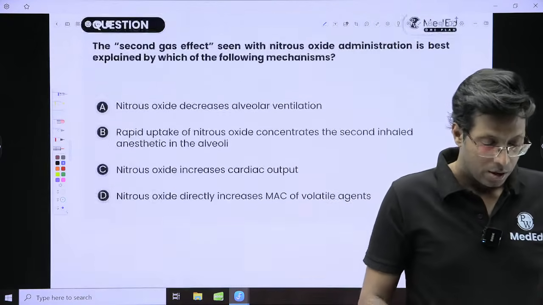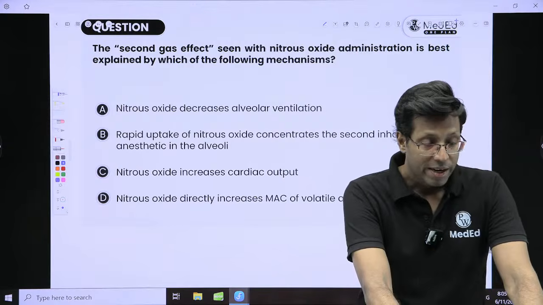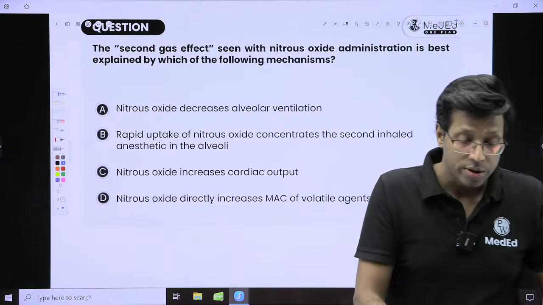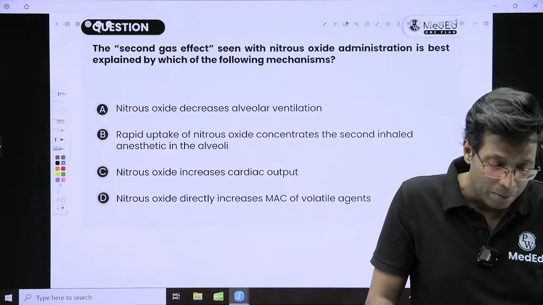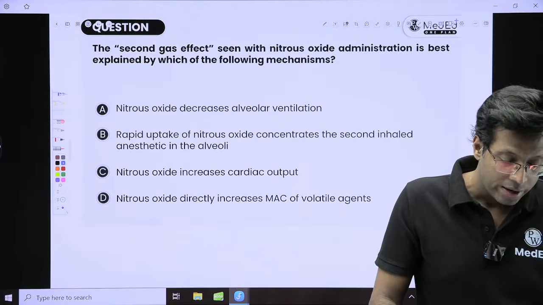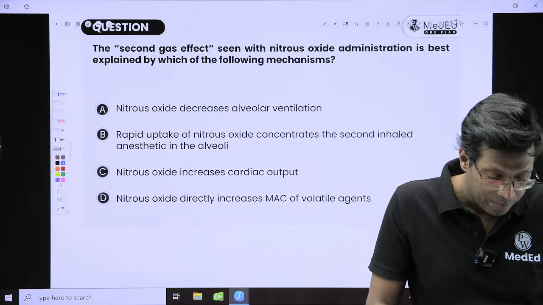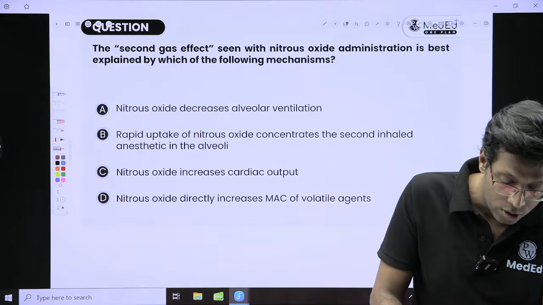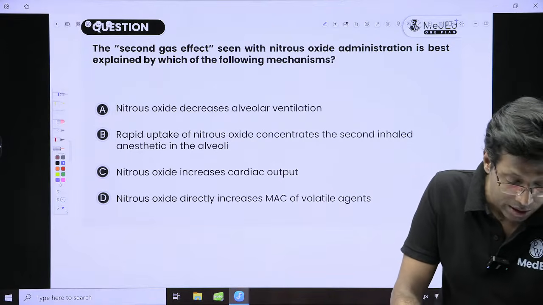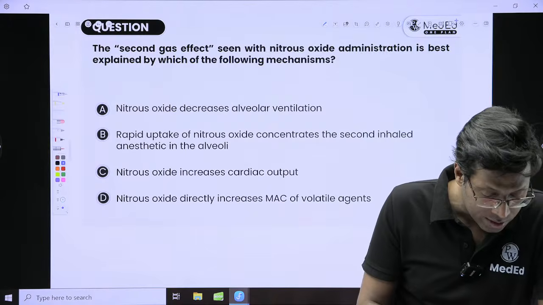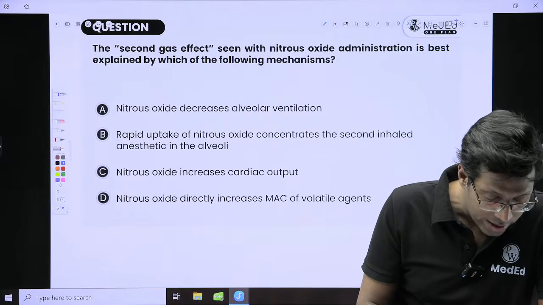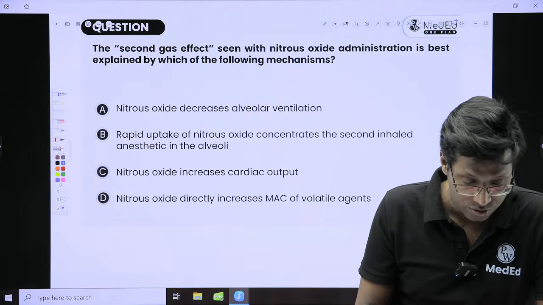Correct. Now, the second gas effect seen with nitrous oxide administration is best explained by which of the following mechanisms? Nitrous oxide decreases alveolar ventilation. The rapid uptake of nitrous oxide concentrates the second inhaled anesthetic in the alveoli. Nitrous oxide increases cardiac output, and nitrous oxide directly increases MAC of volatile agents.